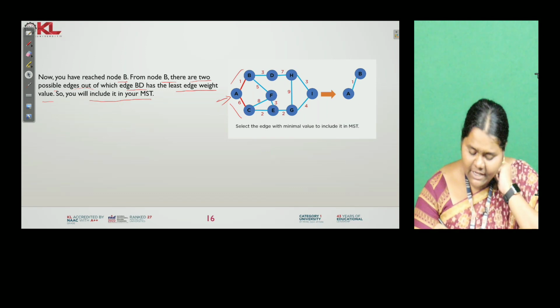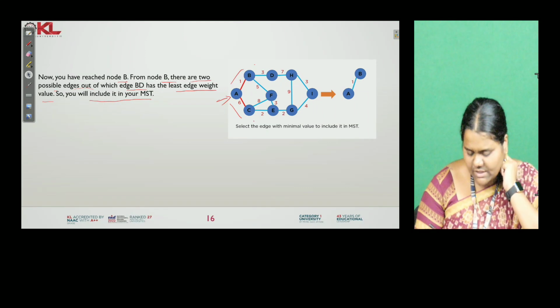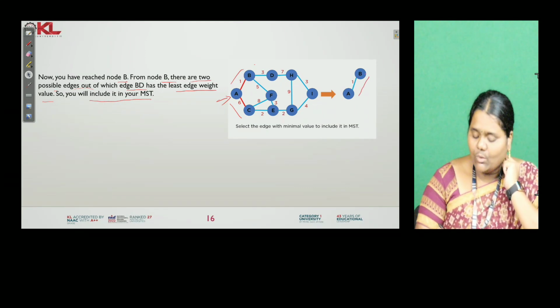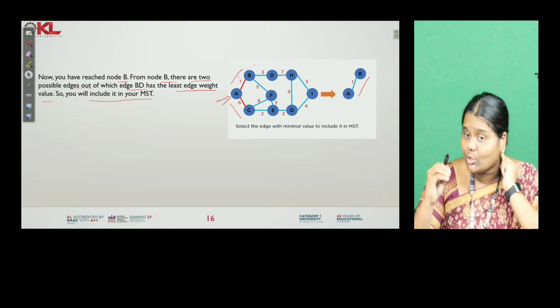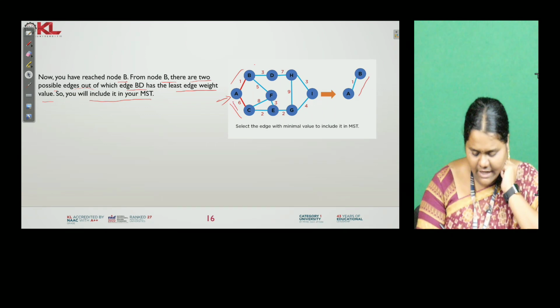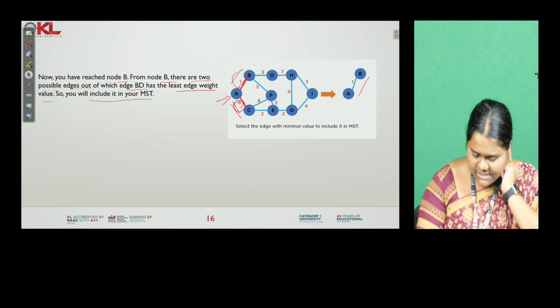Now see, here we have two adjacent edges, that is A to B and A to C. Why are we choosing B? Here we have to take the minimum cost value. The weight of A to C is 6. The weight of A to B is 1.